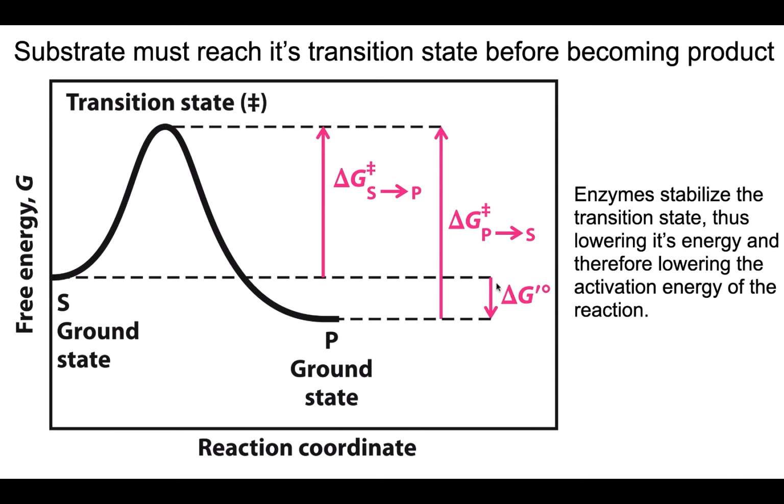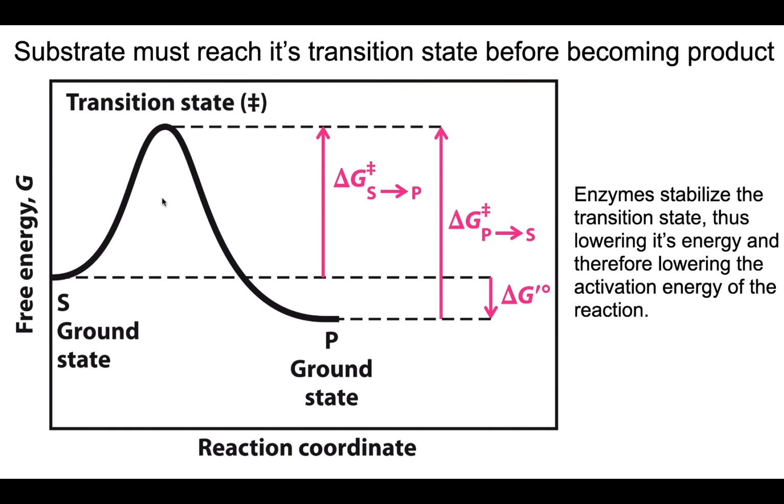Right here, this is the delta G. This here is the energy necessary to reach the transition state. It's the activation energy. And what enzymes do is they stabilize the transition state. They stabilize this state of the substrate such that it lowers the activation energy.